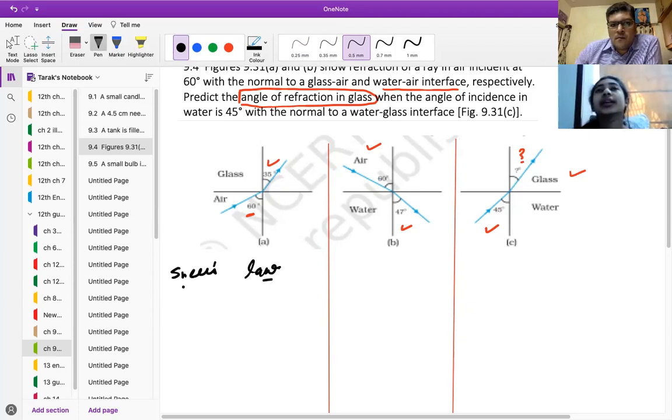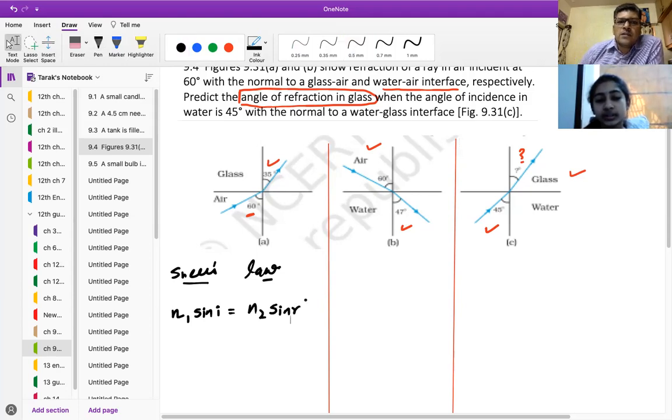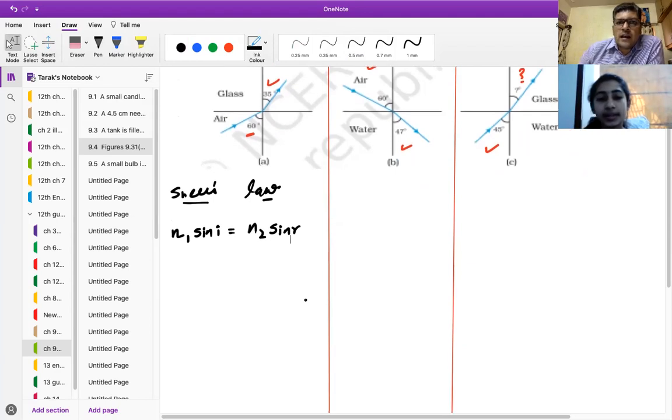N1 sine i equals N2 sine r. So n1 is which one, air or glass? Air, 1. Sine 60 would be root 3 by 2.